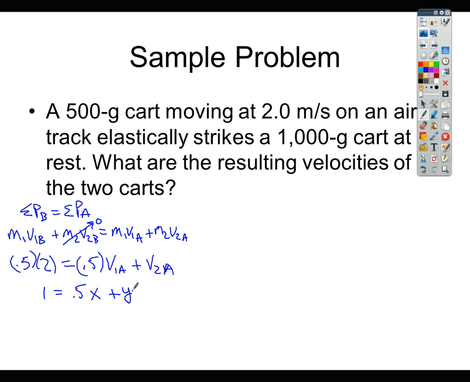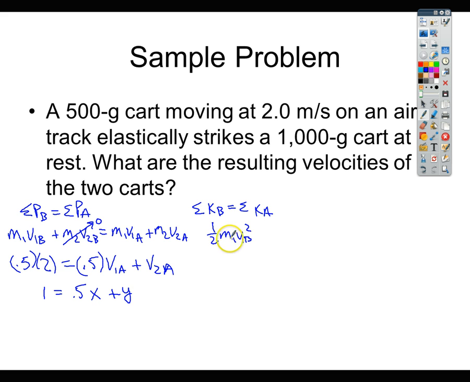We can do the same thing for kinetic energy. Let's first go through and just plug everything in here. We've got the sum of the kinetic energy before should be equal to the sum of the kinetic energy after. That would be 1/2 m1 v1b squared.